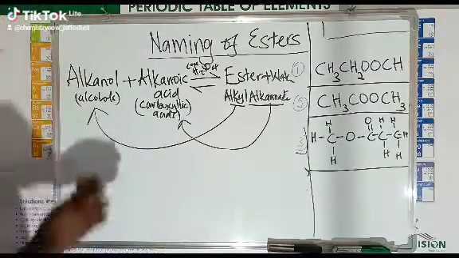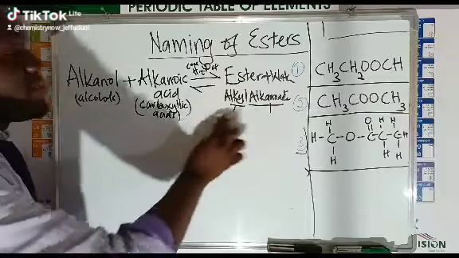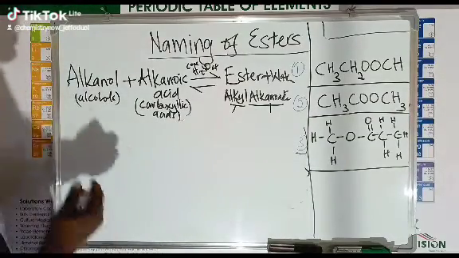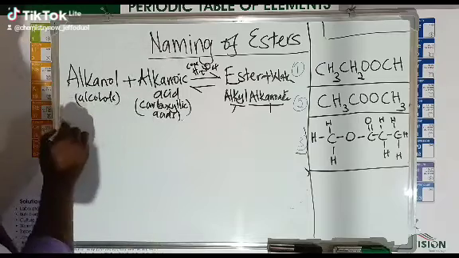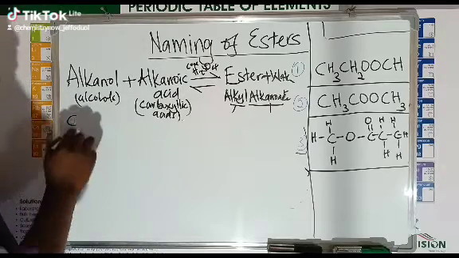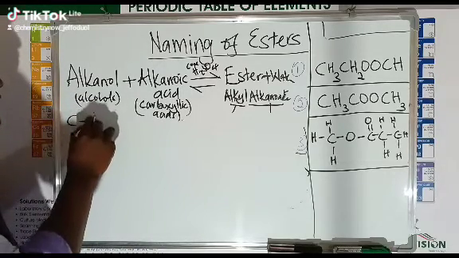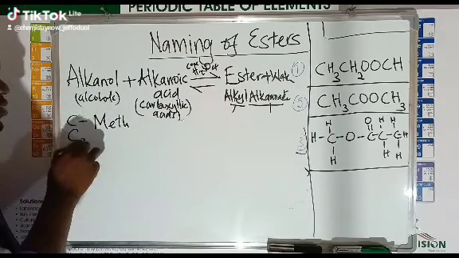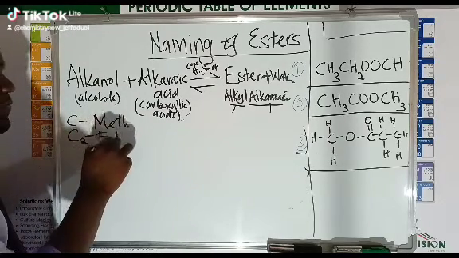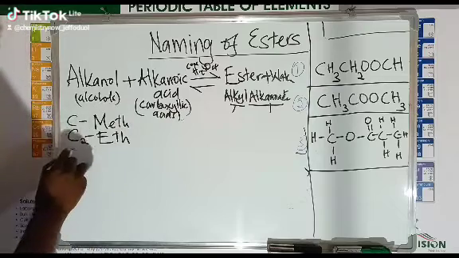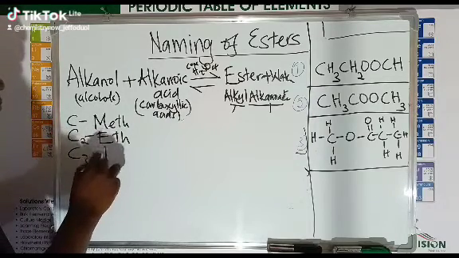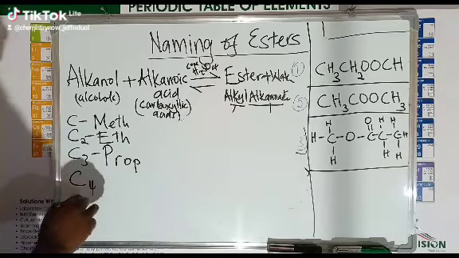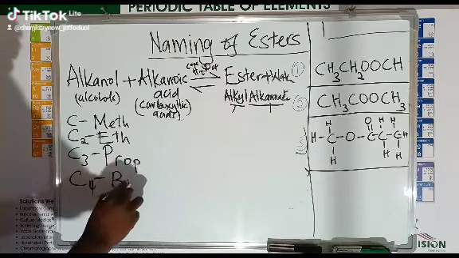Now you can see that this is organic chemistry 2. From organic chemistry 1, we learned that if an organic compound has one carbon atom, then it uses the prefix meth. That is one carbon atom. When it has two carbon atoms, it will be eth. When you have three, it will be prop. If you have four carbon atoms, it will be but.